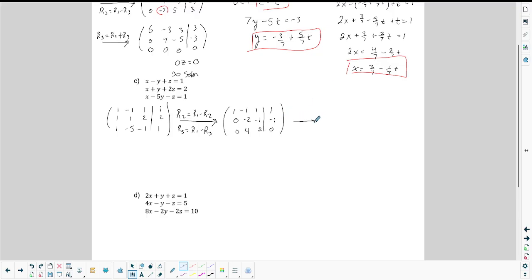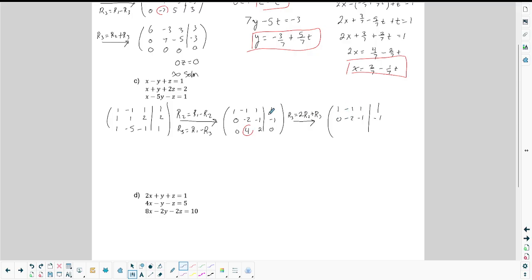Okay, let's go one more time. So I can see that row 3, if I double row 2 and I add row 3, that would make this guy right here 0. So 1, negative 1, 1, 1. 0, negative 2, negative 1, negative 1.